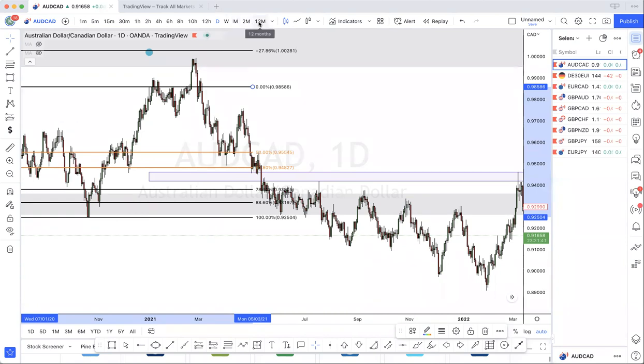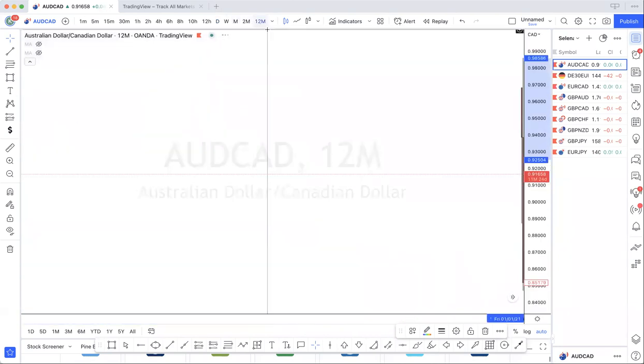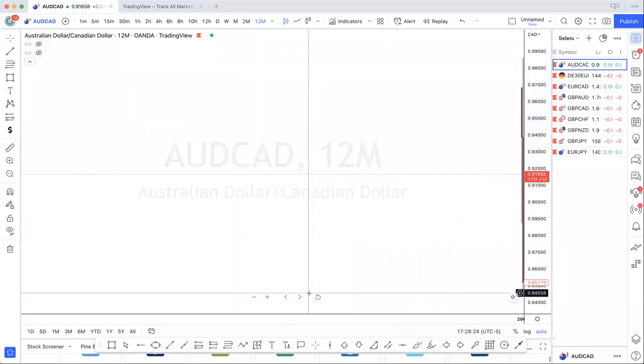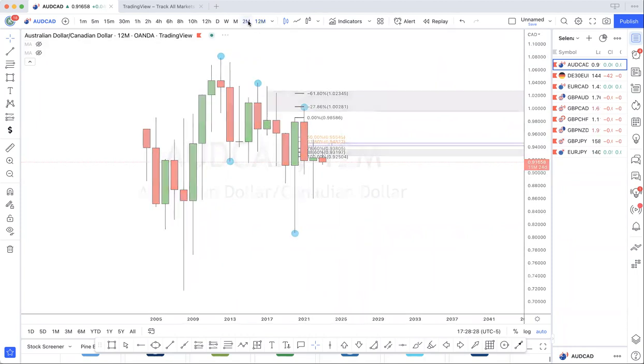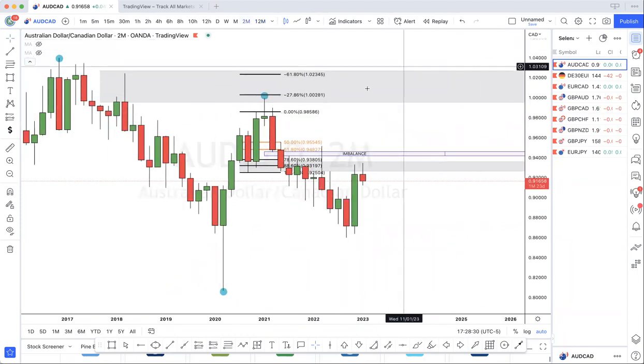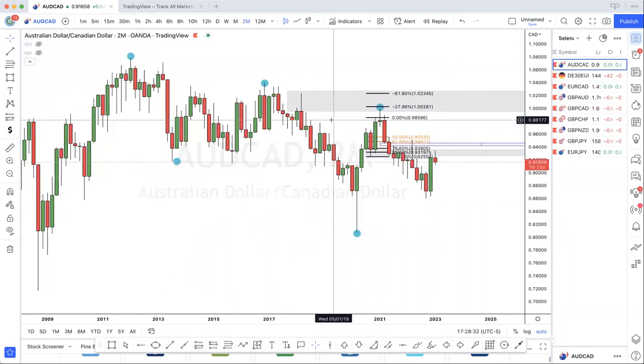Lord. So I'm going back to the 2-month. I went to 12 month, a whole year. I'm going to go back to the 2-month and put my trend line back.